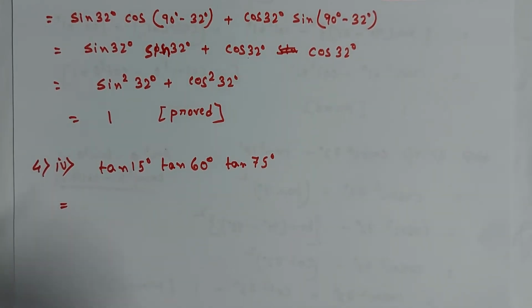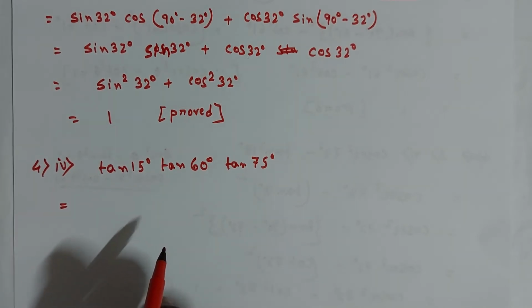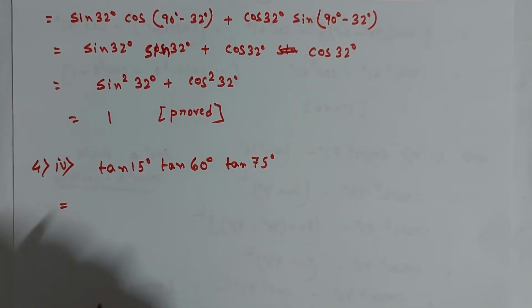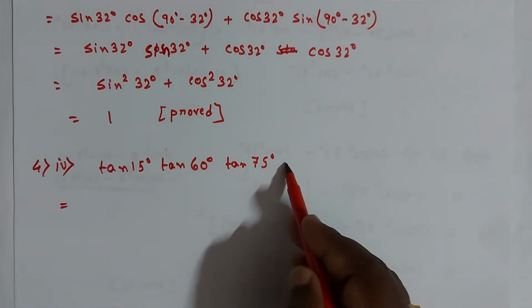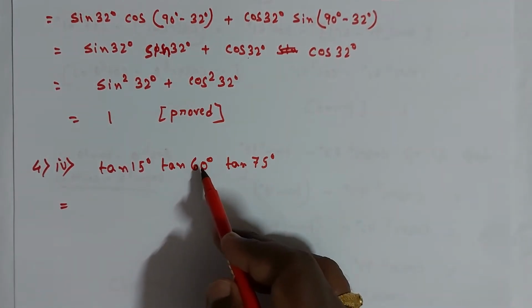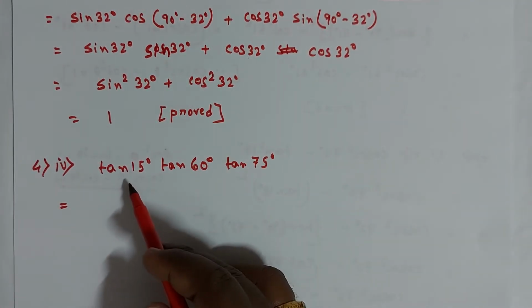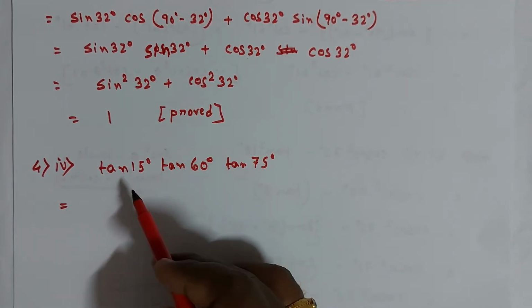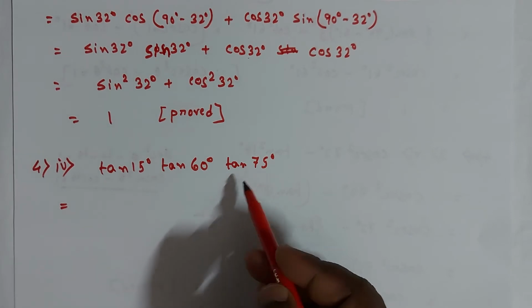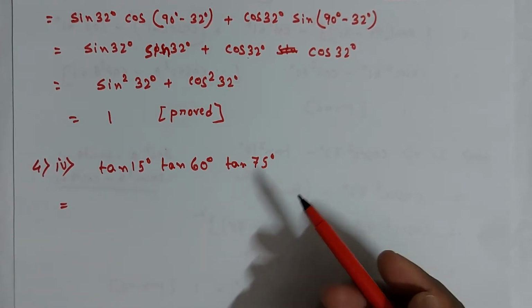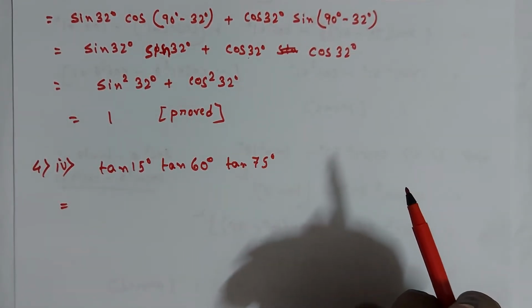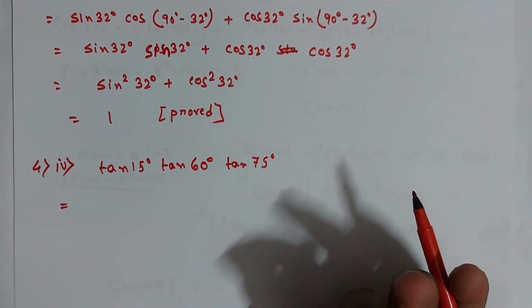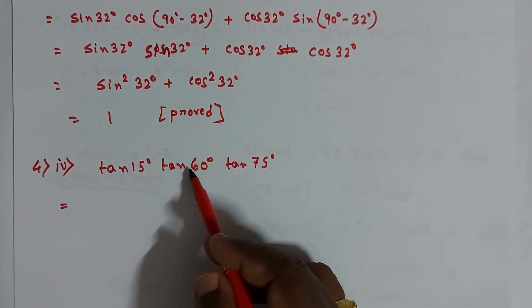The value of tan 60 is root 3, and we need to prove this equals root 3. So if we can prove that tan 15 into tan 75 equals 1, then it is done, because tan 60 is already root 3.